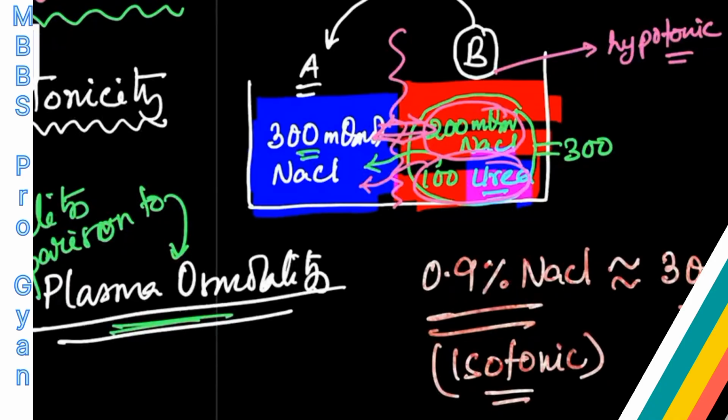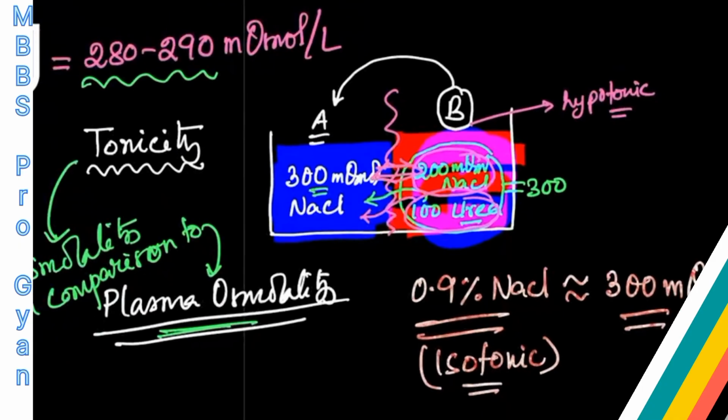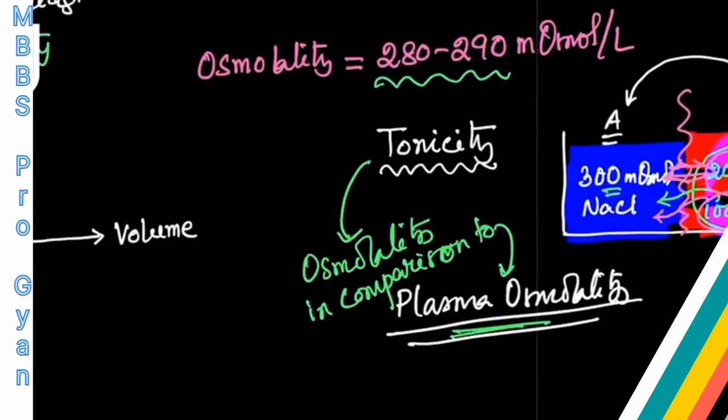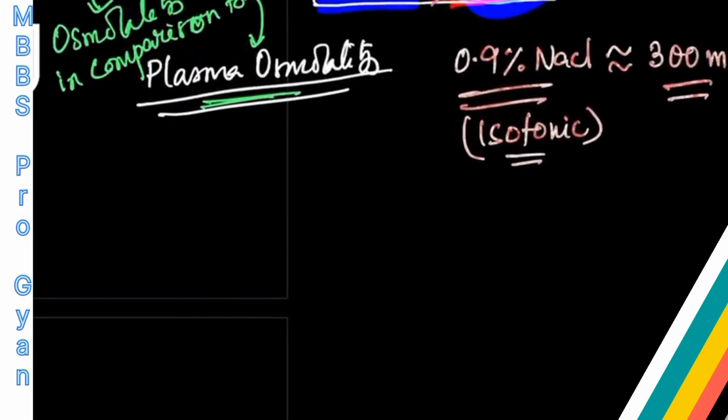Because in this compartment one of the substances is urea, and because urea is easily permeable through the membrane, it will go to the other side and this compartment will be hypotonic. So please remember, iso-osmolar does not always mean it will be isotonic. It may be hypotonic also, it may be hypertonic also. Okay? But the more important concept that I have to remember is that in medicine, whenever we use the word tonicity, it is the effective osmolality of a solution in comparison to plasma osmolality.